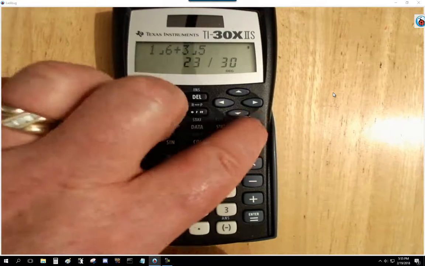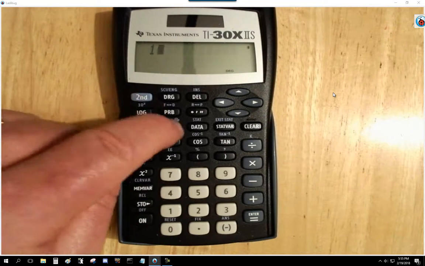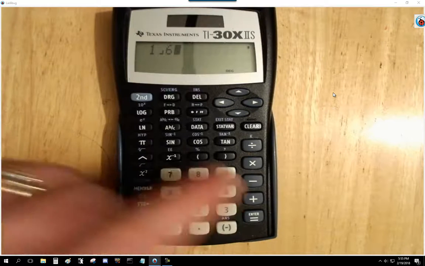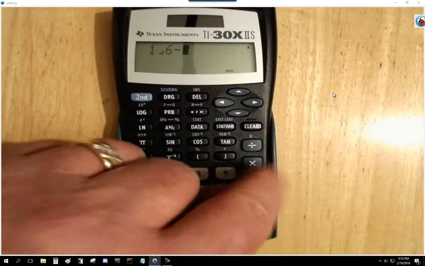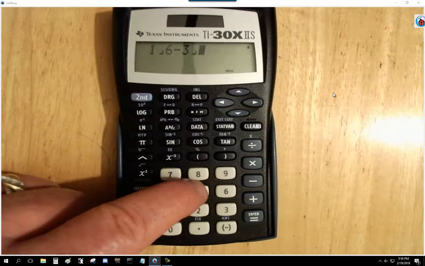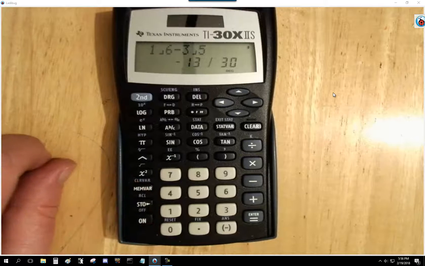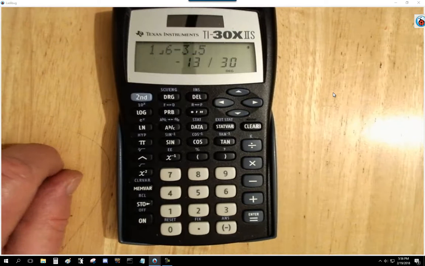So let me clear out the calculator. 1 ABC 6 minus 3 ABC 5. And there's our negative 13/30.